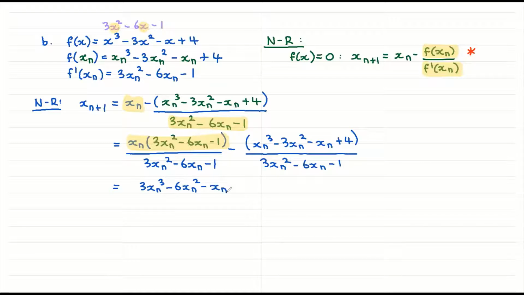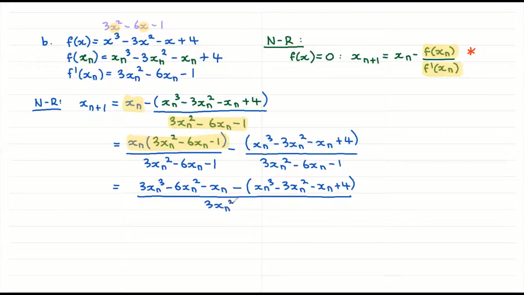And please maintain the brackets, because we're subtracting, so we don't want to make an error with the signs. So subtract xn cubed, subtract 3xn squared, subtract xn plus 4, and that's all going to be over, so it's one big fraction, 3xn squared, subtract 6xn, subtract 1. Okay, so it might seem a bit laborious, but we need to make sure we get this right.